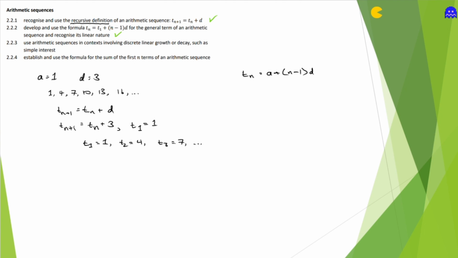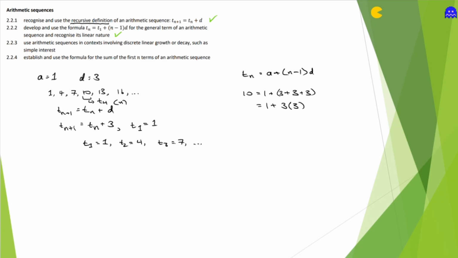So if we have 10, for example, here, we can define that as 1 plus 3 plus 3 plus 3, or 10 equals 1 plus 3 times 3. It should be noted here that 10 is our t4 term, this being our value n.